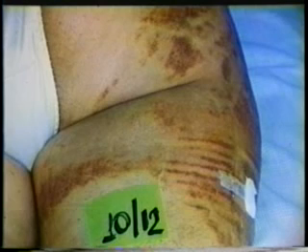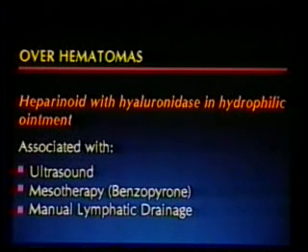As regards cosmetic treatment for hematomas, we use a heparinoid with hyaluronidase hydrophilic ointment whose results are excellent. Together with ultrasound at 1.5 MHz, mesotherapy with benzopyrone, and manual lymphatic drainage, all of which contribute to a rapid cure.